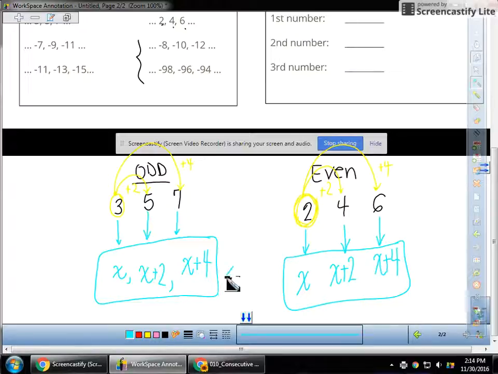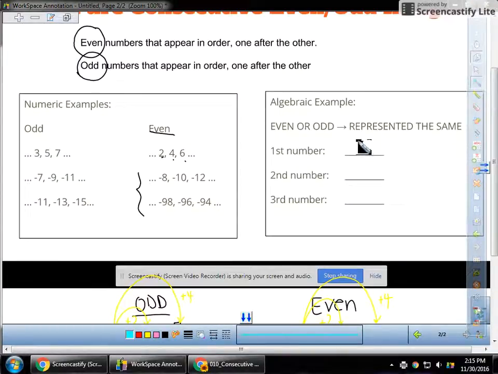So if you notice, they're the same. And that's okay. We are always skipping by 2 anytime I go from one consecutive even or odd number to the next. So if you look at the notes up here, the first number is always represented by x when we are dealing with even or odd or regular integers. But when I'm dealing with even and odd numbers, my second number is always represented by x plus 2 this time.